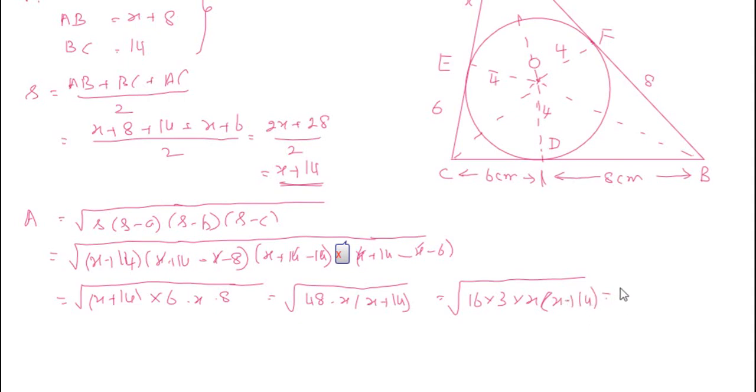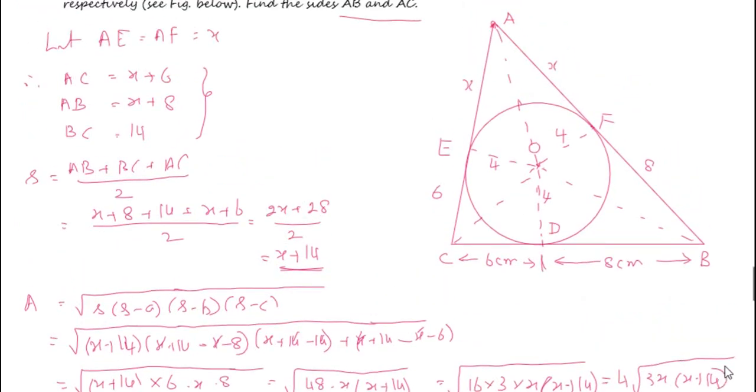I can take 16 out, it becomes now 4. Square root of 16 is 4 into square root of 3x into x plus 14. This is the area of the triangle ABC. So I will take this as 1.